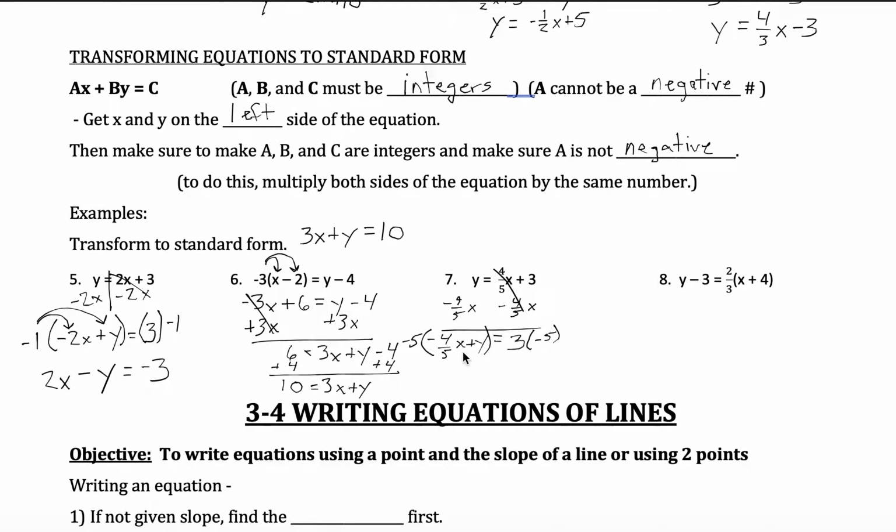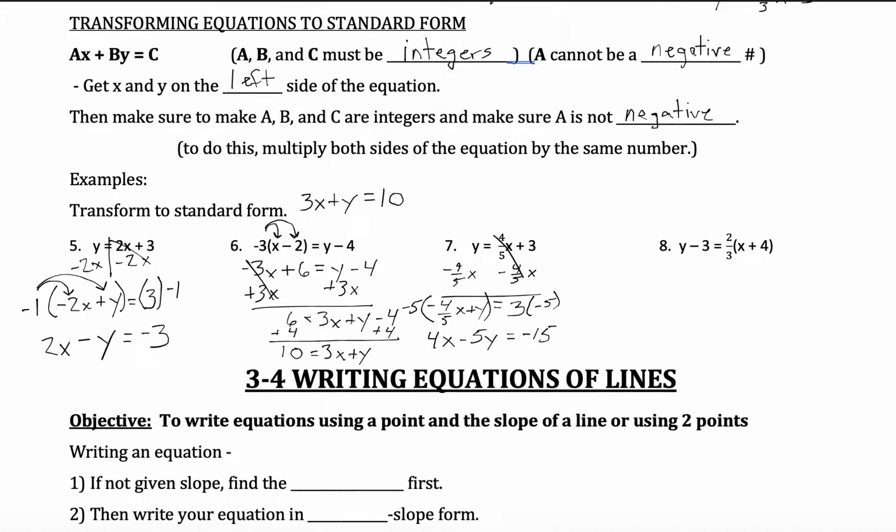So we distribute on the left-hand side. -5 times -4/5 gives me a positive 4x. -5 times the 1 in front of our y gives me -5y. So we have 4x minus 5y. And then 3 times -5 gives me -15. So our final standard form of that equation is 4x minus 5y equals 15.